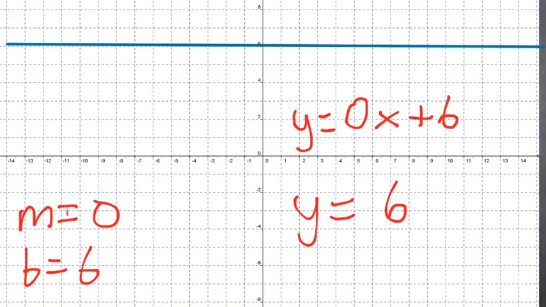But if you don't see a 0x, if you don't see a 1x, if you don't just see an x, that means your mind should click and you should be like, oh, this doesn't have a slope. It has a slope of 0. Which means it's the flat line one. If the test gave you 4 different coordinate planes with 4 different lines, and they said, which of the following graphs depict the following linear equation?